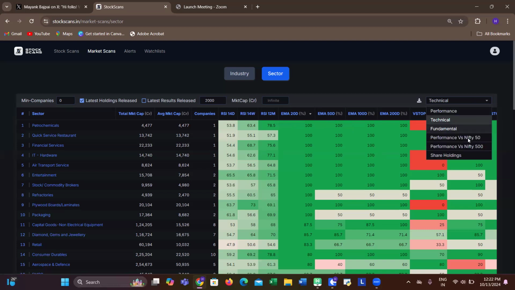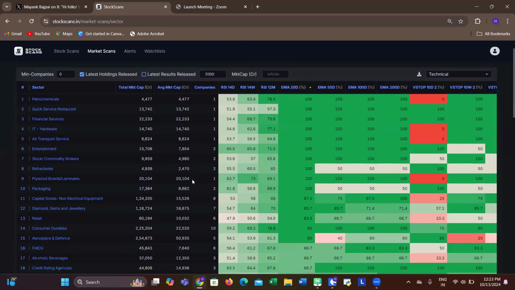So you have different options over here to see the relative performance, technical performance, fundamental performance, and shareholding as well. If you change that, it will change the data, and all the columns will change as well. The beauty of this scan is that it gives you a quick glimpse of what is happening.